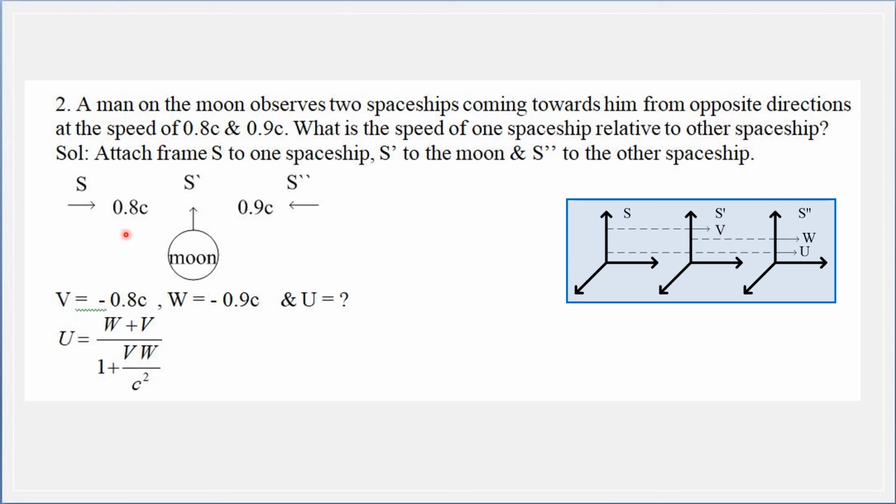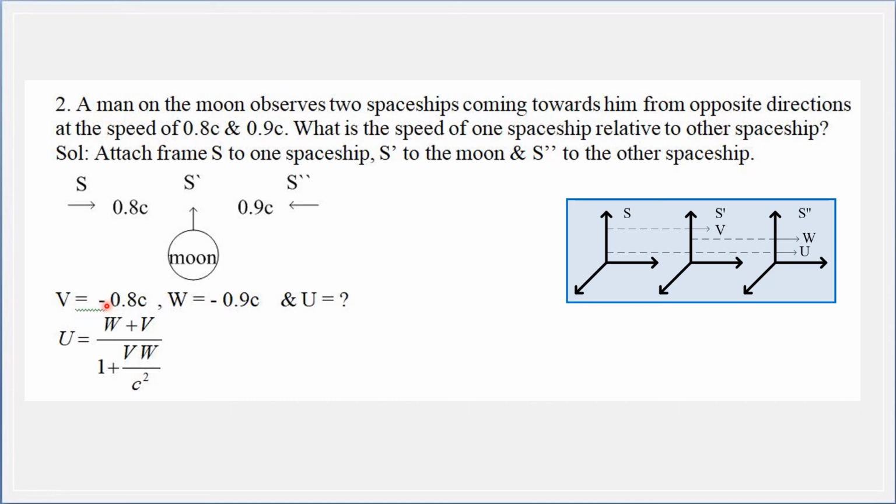But here the velocity which is given of the second frame with the first frame is in the opposite direction. See, this arrow is the first frame with respect to the second frame, but what is given in the theory is the second frame with respect to the first frame, so it is just opposite. So that is 0.8 c in this direction, but actually we want it in this direction, so that's why we take a minus sign.